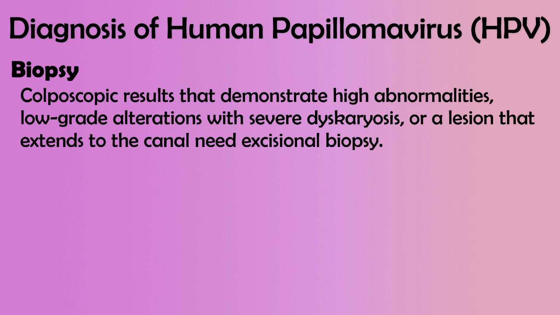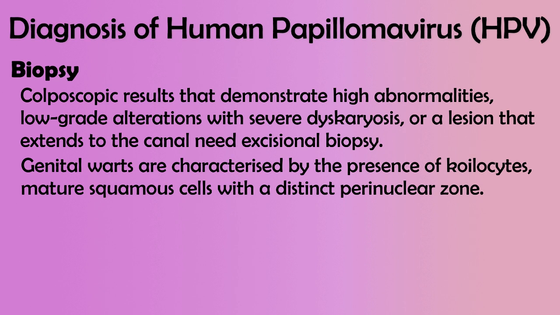Colposcopic results that demonstrate high abnormalities, low-grade alterations with severe dyskeratosis, or a lesion that extends to the canal need excisional biopsy. Genital warts are characterized by the presence of koilocytes, metaplastic cells with a distinct perinuclear zone.